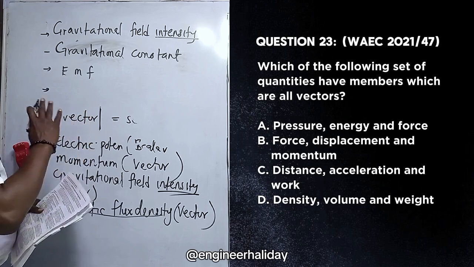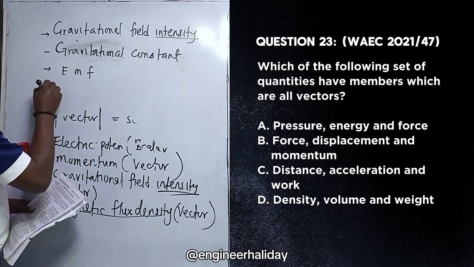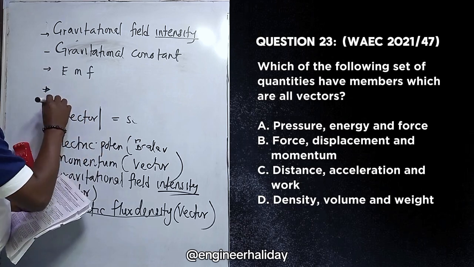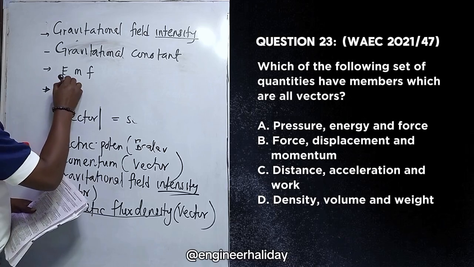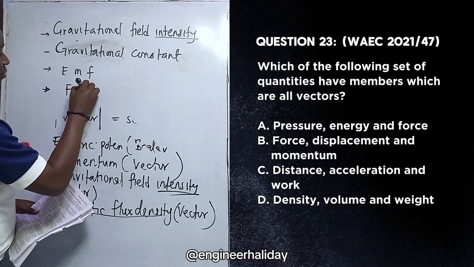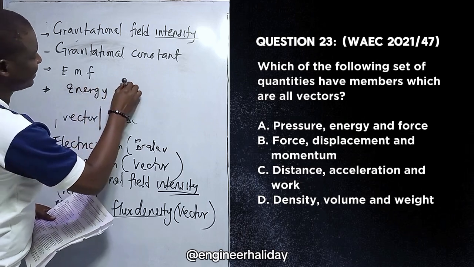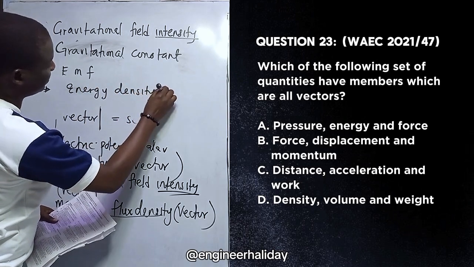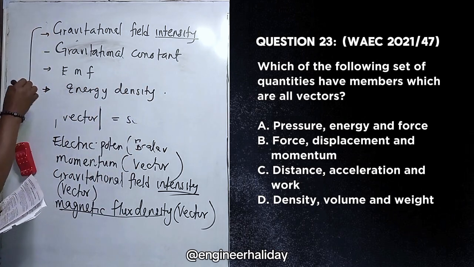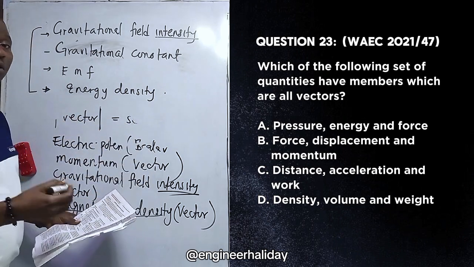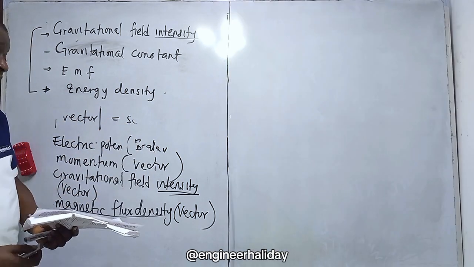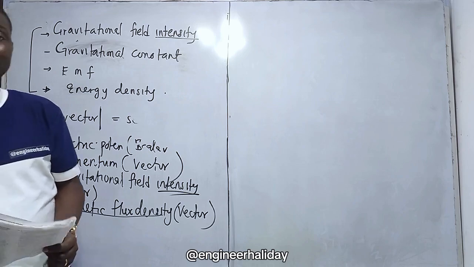When we come next class, it's calculation we are going to talk about. Then classify force, and energy density. These are the 4 examples. Are they scalars or vectors? Classify them for me.